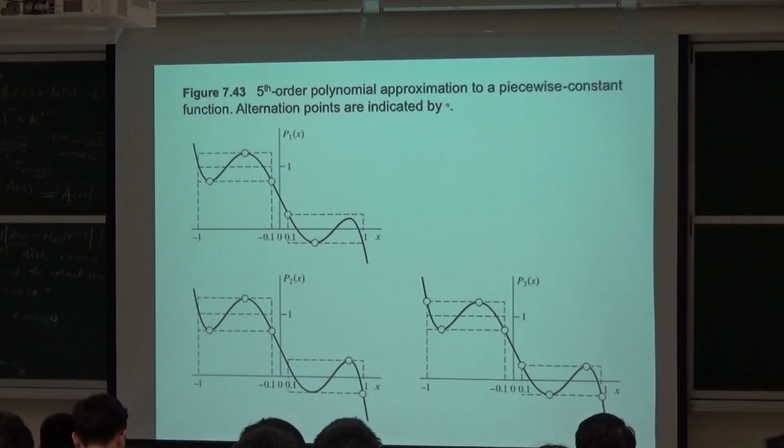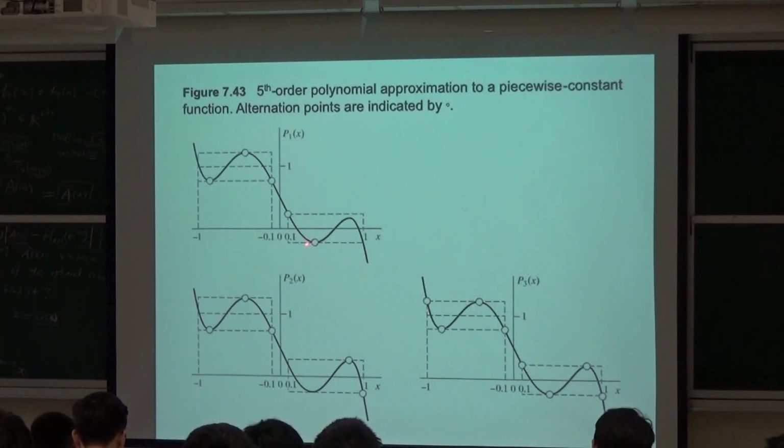For this polynomial, it works pretty well. It has 1, 2, 3, 4, 5 alternating points, but only 5, which is not enough. This is a 5th order polynomial having only 5 alternating points, so according to the theorem, it's not enough, because the necessary and sufficient condition for optimality is at least 7 such alternating points.